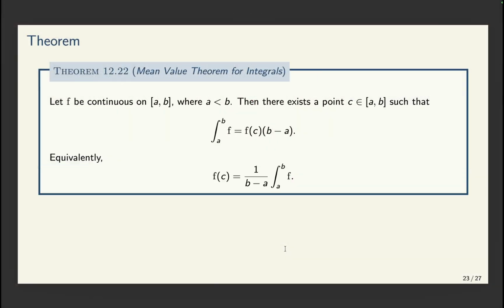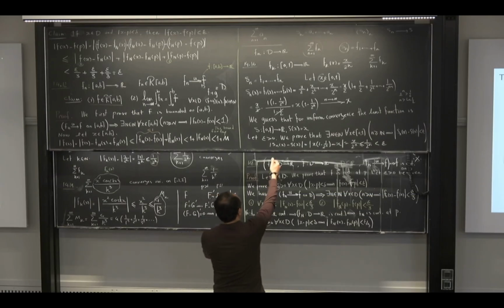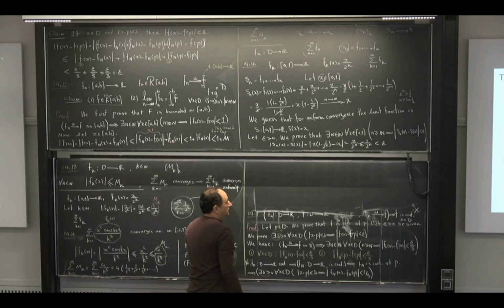This is an important theorem. This is the mean value theorem for integrals. We learned about mean value theorems for derivatives yesterday. Okay, so let me do this a little bit properly here. So what does it mean?